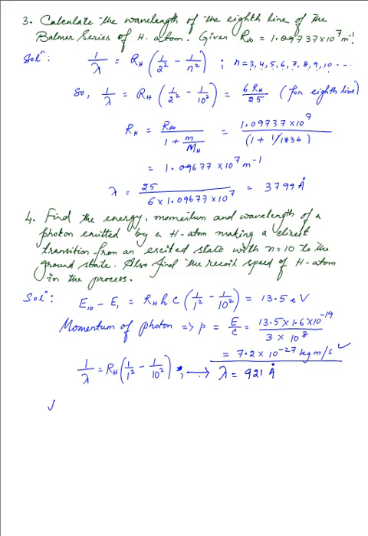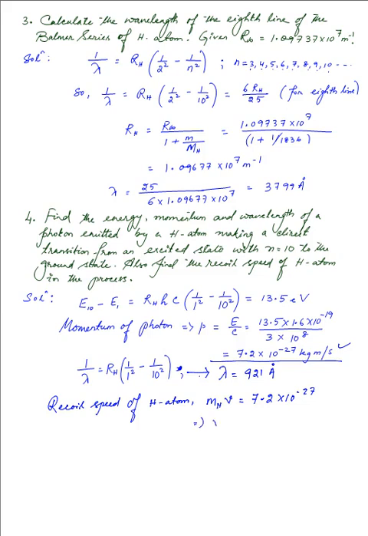So the recoil speed of the hydrogen atom: we take the momentum of the hydrogen atom, which is the mass of the hydrogen times the velocity, and that momentum will be equal to the momentum that has been obtained, that is 7.2 times 10 to the power minus 27.